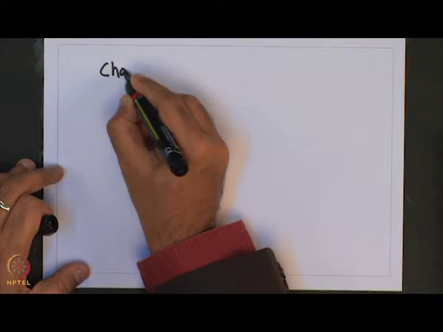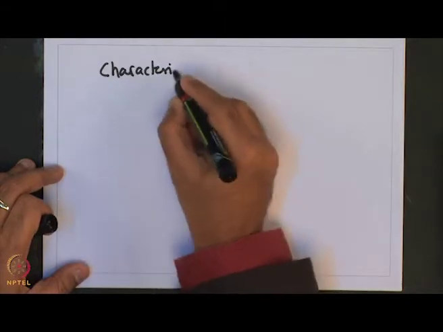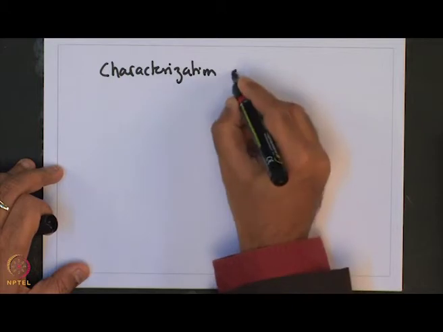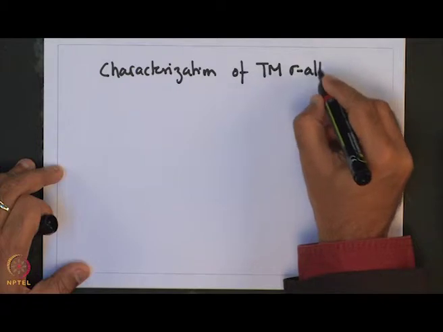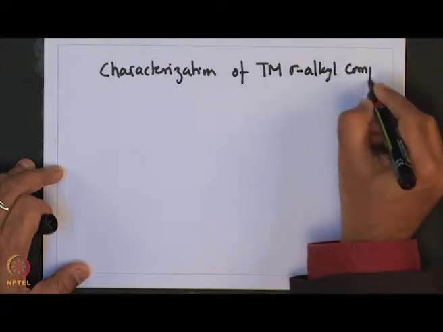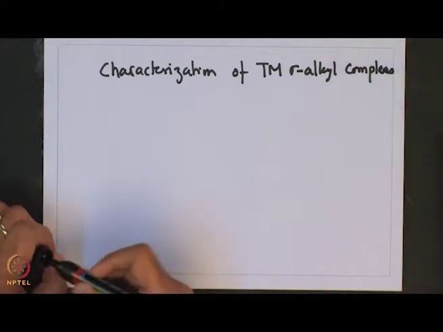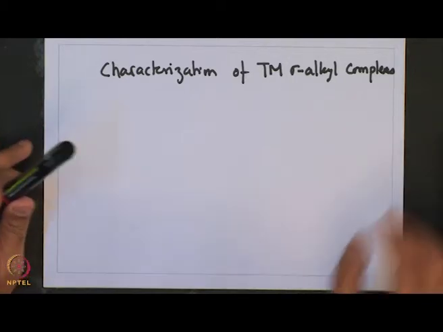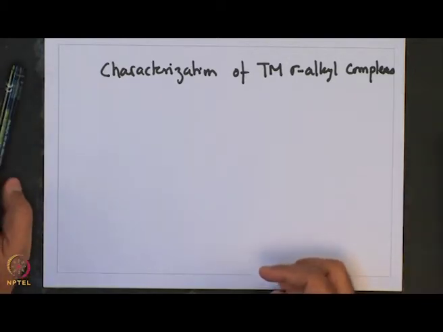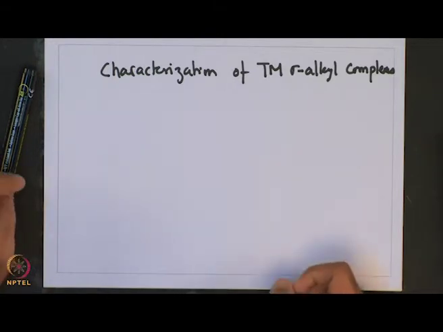So, in this class, we are going to talk about what is important to note: in the course of C-H activation, where does the sigma alkane complex occur, and does it precede the oxidative addition step.